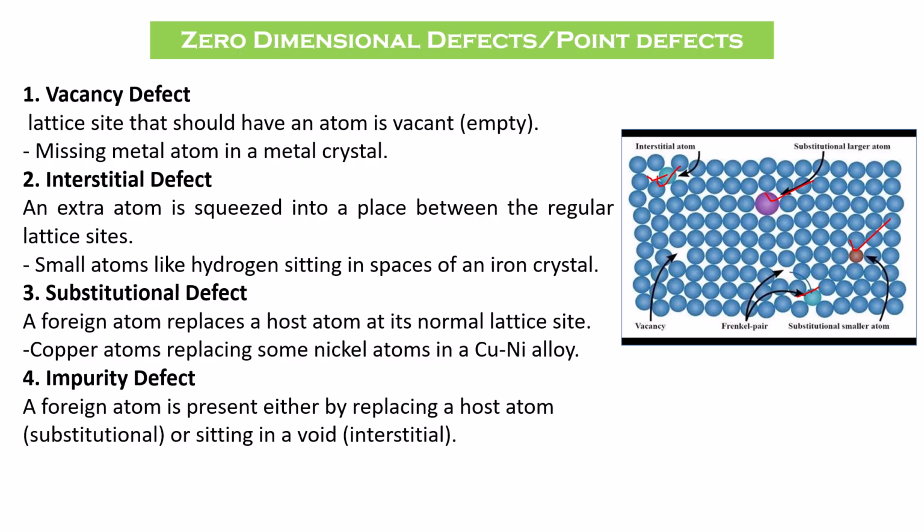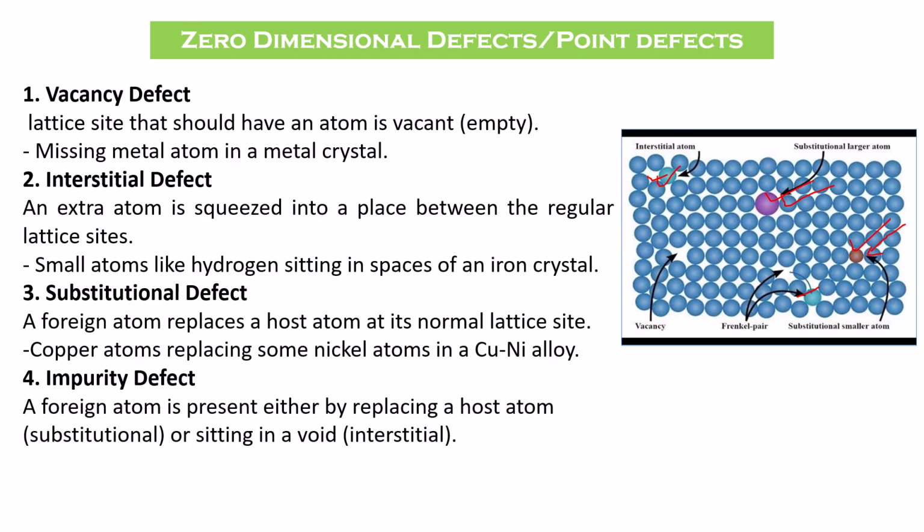When a foreign atom, that is a larger atom, replaces a matrix atom, it is called a substitutional impurity. When a smaller atom takes a place in an interstitial position, it is called an interstitial impurity.